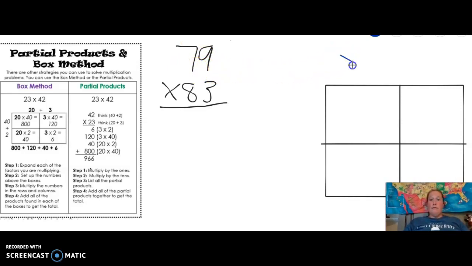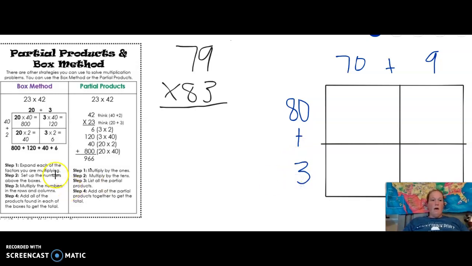So when I look at 79, I can break that into 70 plus 9 is what it really is. 83, we know it's the same as 80 plus 3.